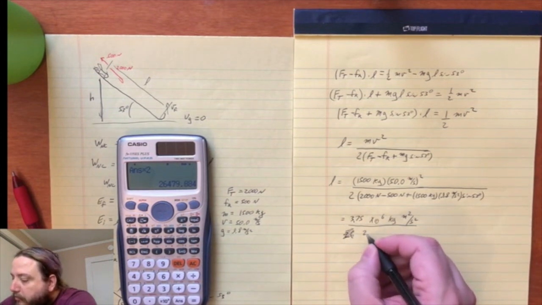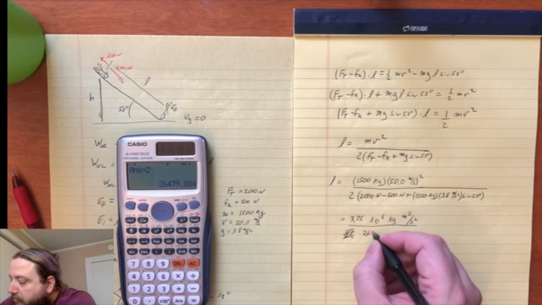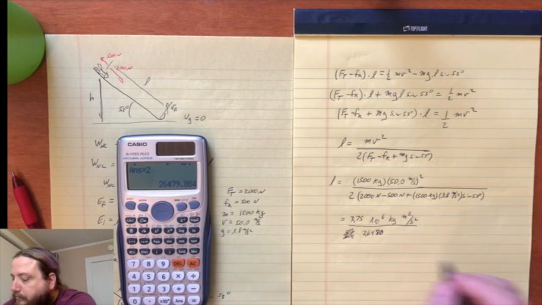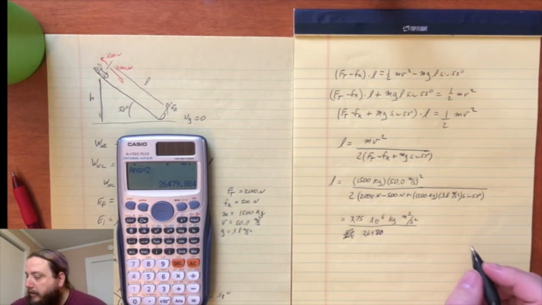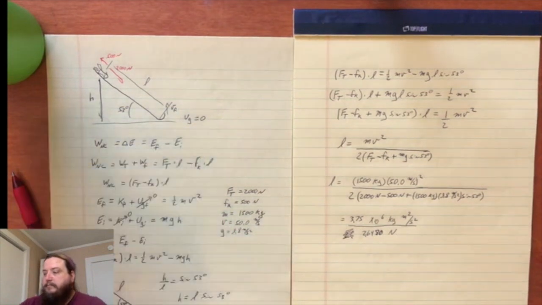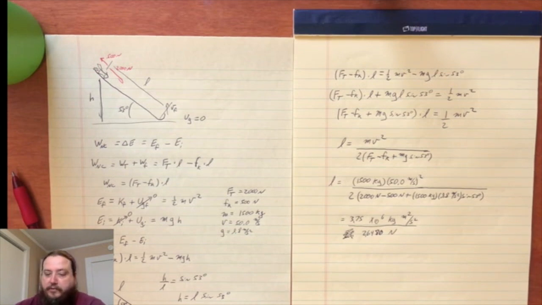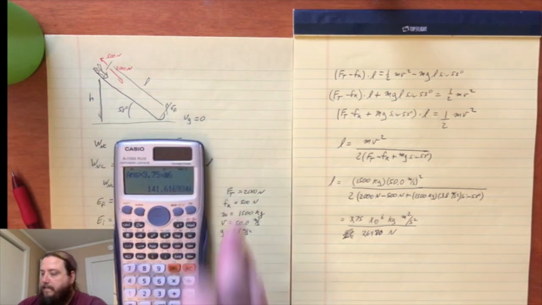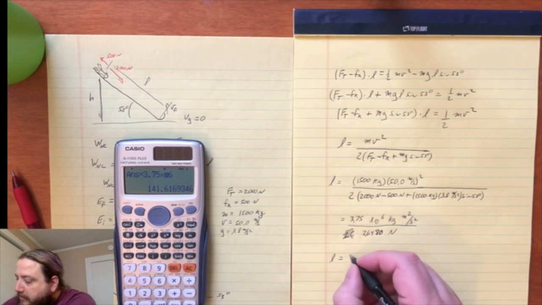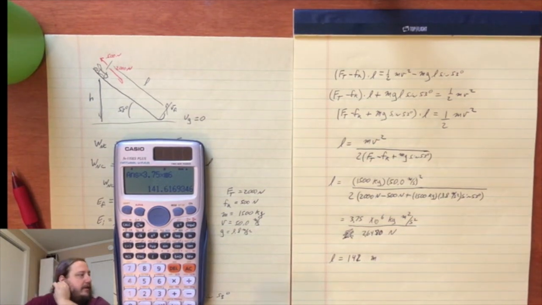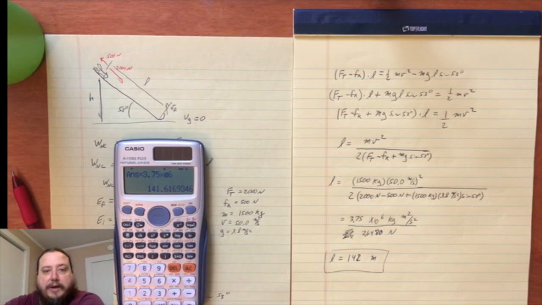That gives us 2.6480 newtons. Times 3.75, and the answer is 142 meters is how long our ramp needs to be.